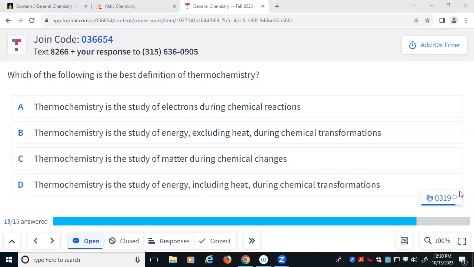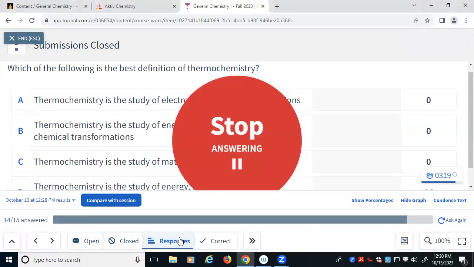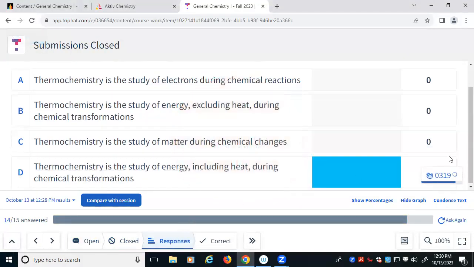Electrochemistry has its heart in redox reactions, which is something we covered over the past couple of days here. So we're really between B and D. Does thermochemistry include heat or does it exclude heat? And the answer here is it definitely includes heat. And so no problems with that one.